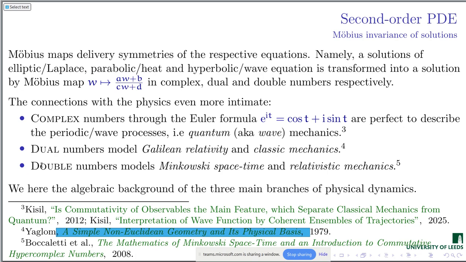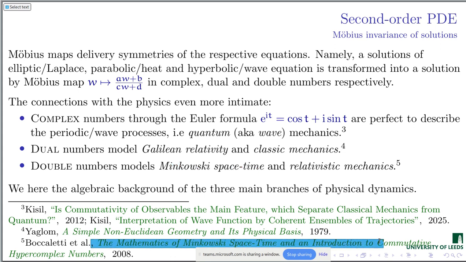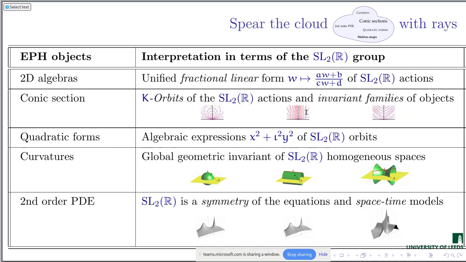Finally, double numbers, with the light cone which appears as divisors of zero, are a perfect model for Minkowski spacetime and the corresponding relativity. Again, there are good books which describe in detail that connection between algebra and physical models. So probably I will just pass through at this point.